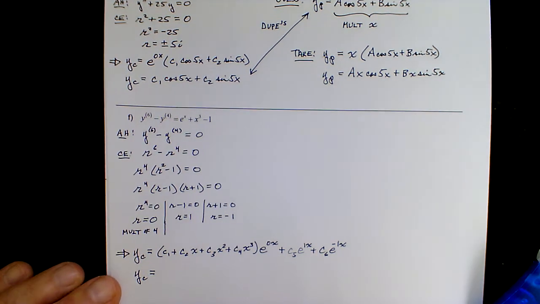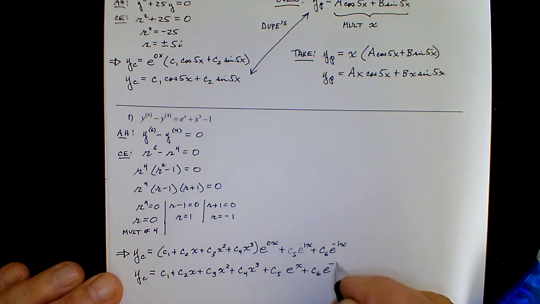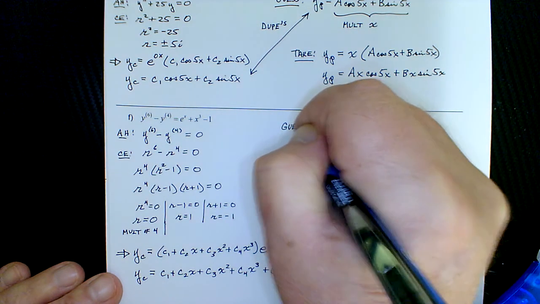And so y sub c would be c1 plus c2x plus c3 x squared plus c4 x cubed plus c5 e to the x plus c6 e to the negative x.